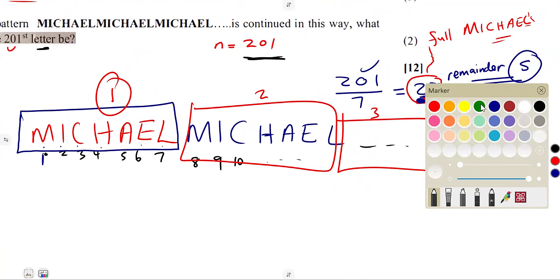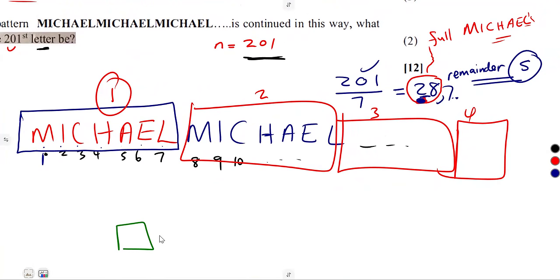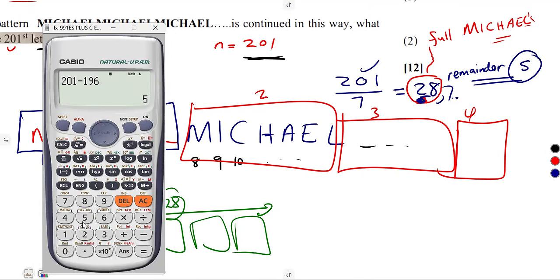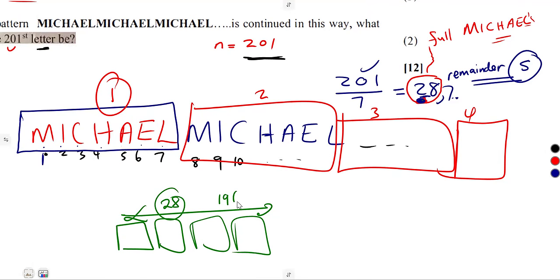These are the Michaels that you completed. We said 28 of them. You completed 28 full Michaels. In those 28, it means 28 times 7, because each Michael has 7 letters. It means you covered 196 letters.